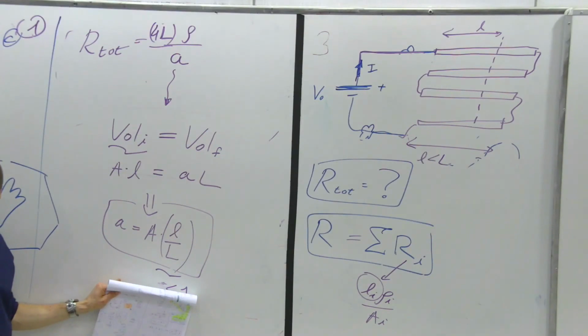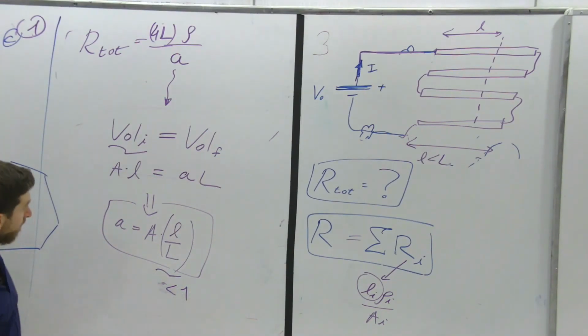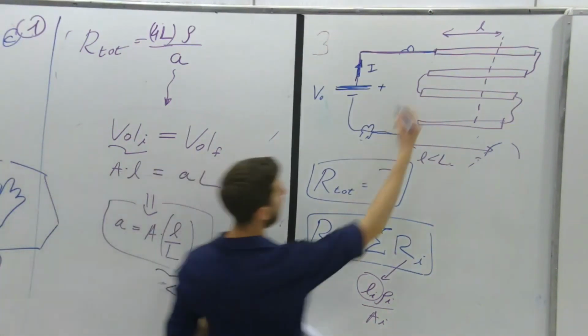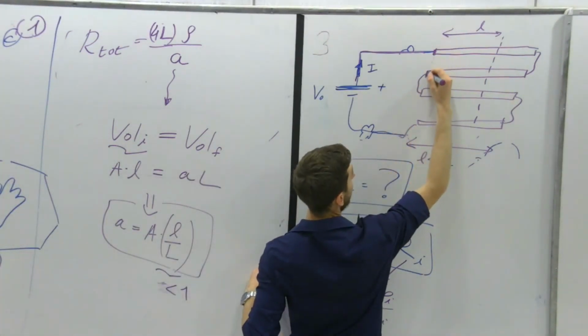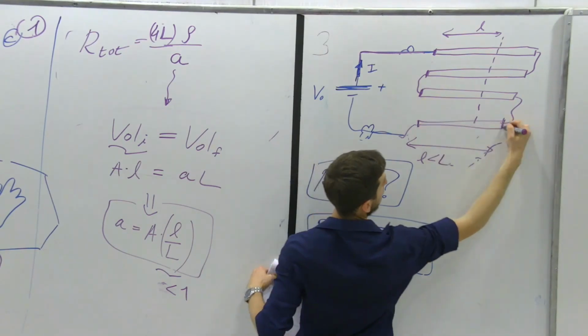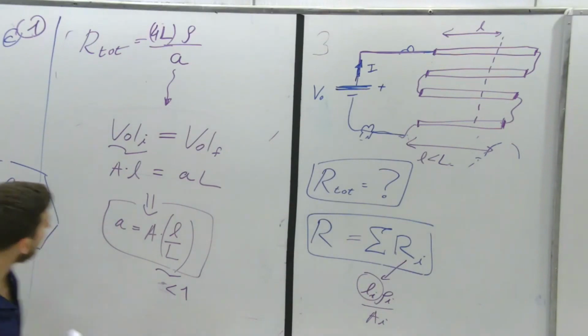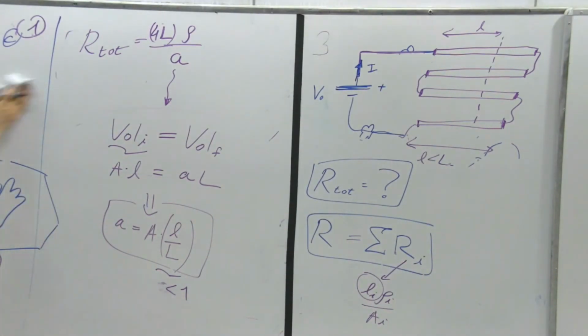Got it? But small a is also the surface? Yes, of course. A is the surface, this surface, where the charge interacts with the resistor. Got it? Perfect. So let's clean this one.